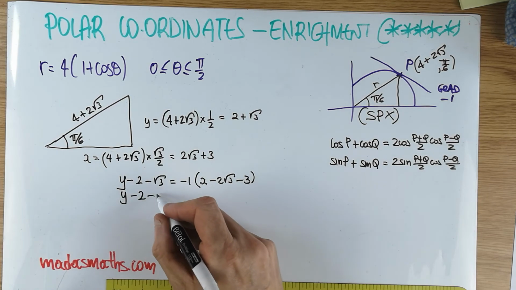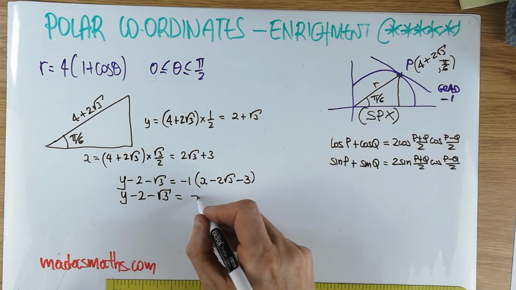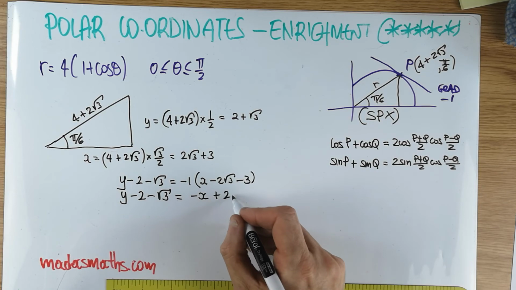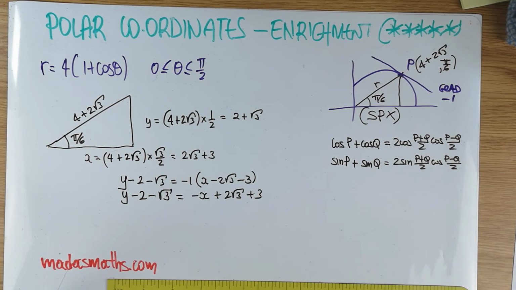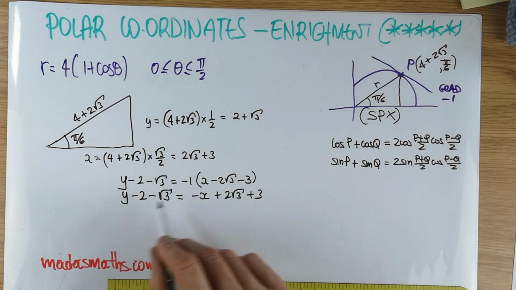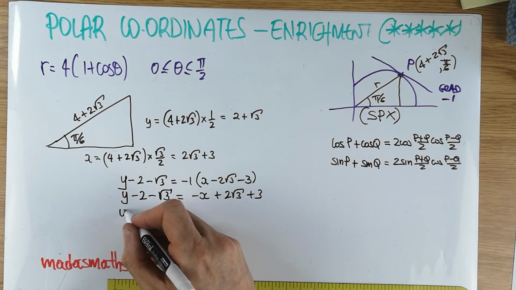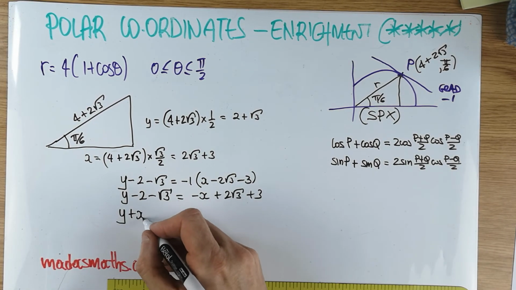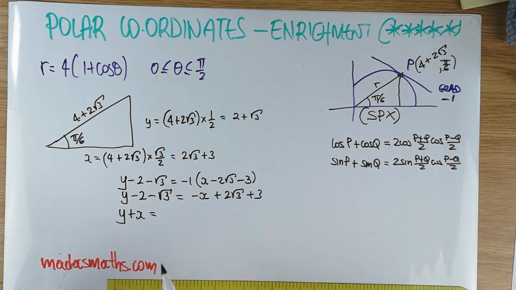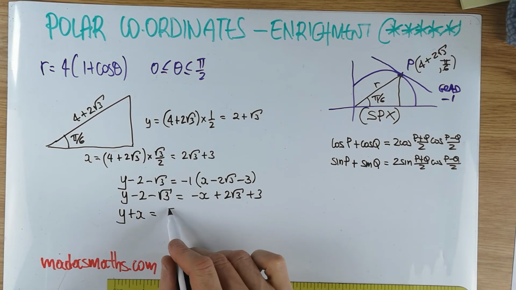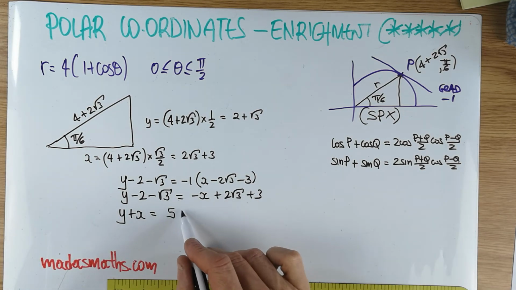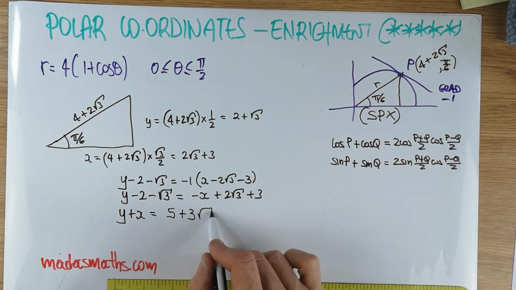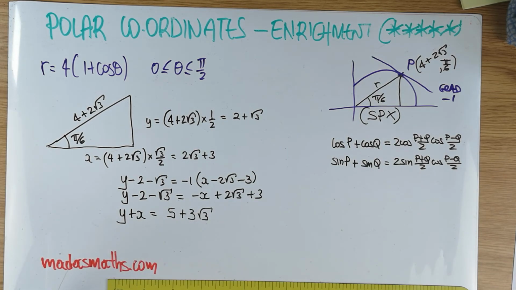Y minus 2 minus root 3 is equal to minus x plus 2 root 3 plus 3. And from there, probably better to put the x and the y's together on one side and sort these numbers on the right hand side of this expression. So I got a 5 from the whole bits there, and I've got a plus 3 root 3. So that's the Cartesian equation.